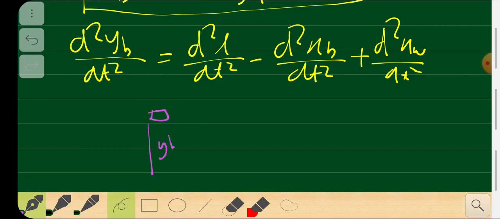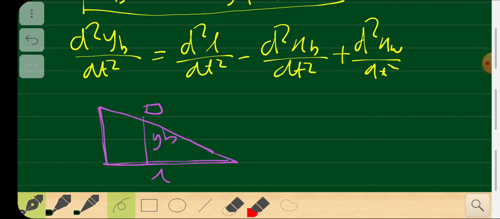L is the length of the wedge. XB is the length of the box from the initial starting point. XW is the length of the wedge after moving.